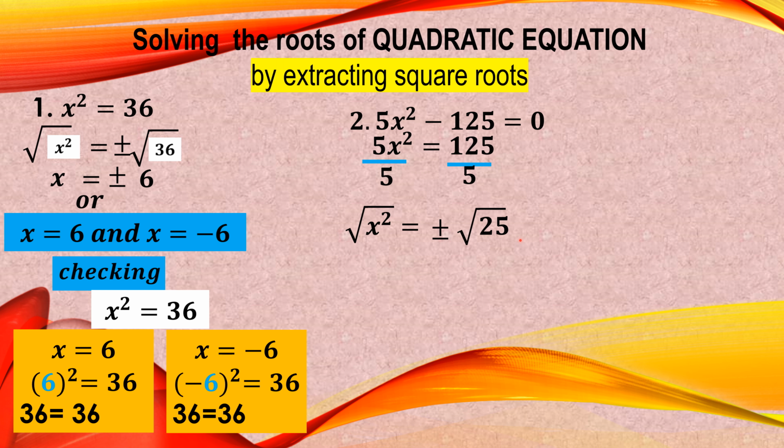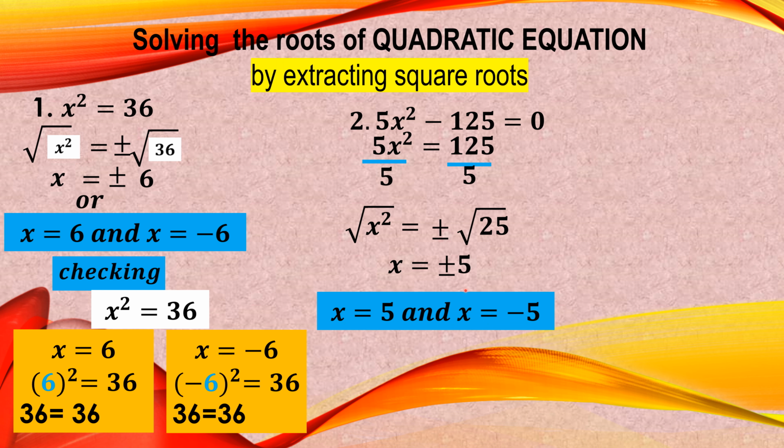Because if we are going to get the roots of a quadratic equation using extracting square roots, we must not forget the double sign. So therefore, the square root of x squared is x and the square root of 25 is already a positive and a negative 5. So therefore, our two roots are 5 and negative 5.